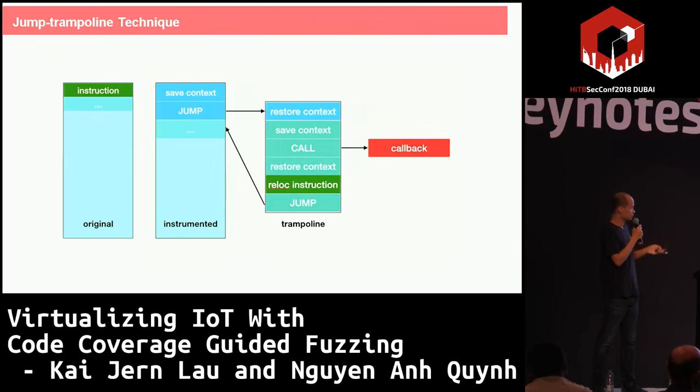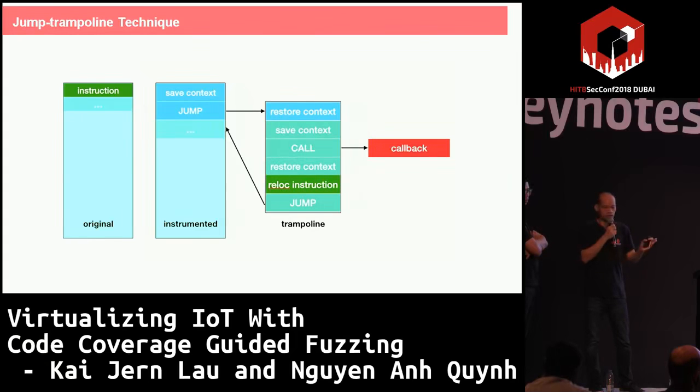The next thing to do is, because we overrode the instruction here, we need to execute it somehow. To do that, we copy this instruction from here to the trampoline memory buffer. One thing to remember here is that usually when you copy code from somewhere to somewhere else, it still works.